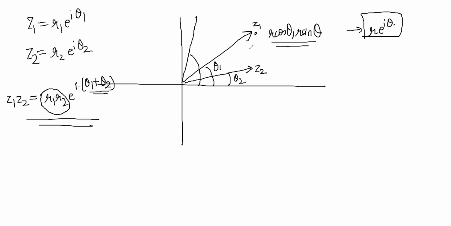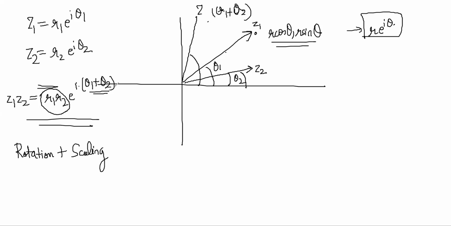So you're sort of rotating Z1 by Z2's argument and getting to this point Z. This angle is theta 1 plus theta 2. So complex number multiplication and division becomes rotation. It is actually rotation plus scaling. By scaling, I mean the r value is changing.